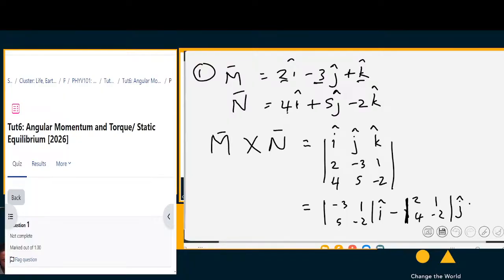Then finally we have plus this determinant, and that's k hat, of course. K hat of that: 2, -3, and then 4 and 5.